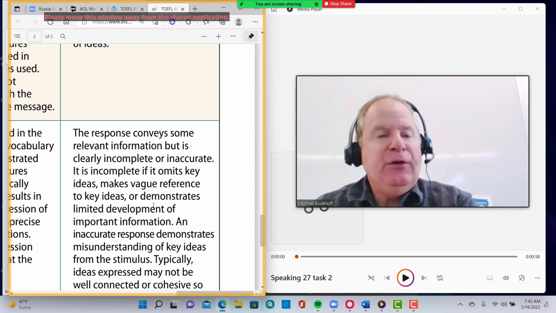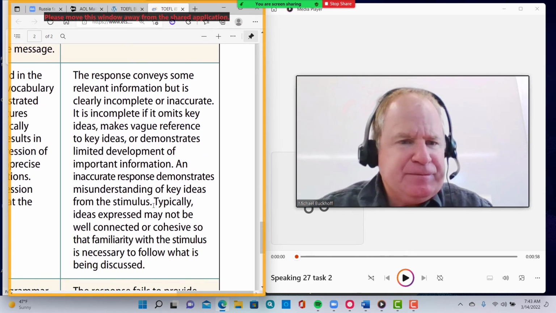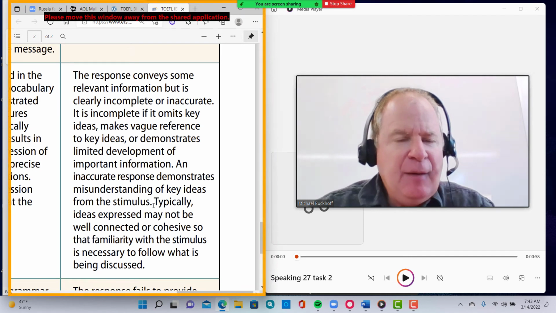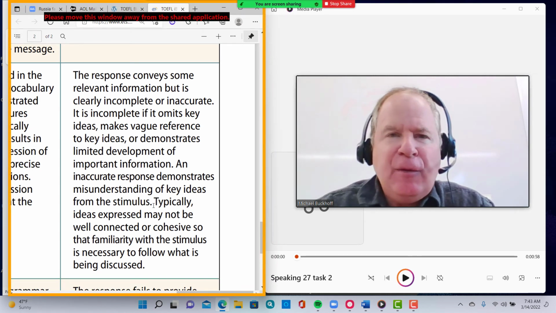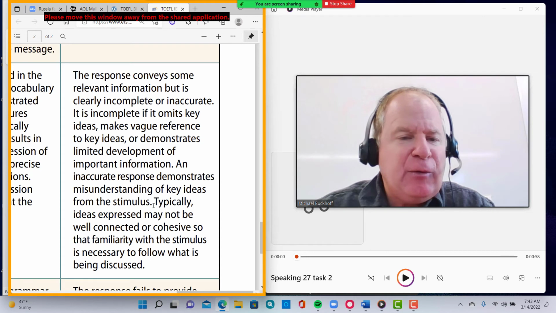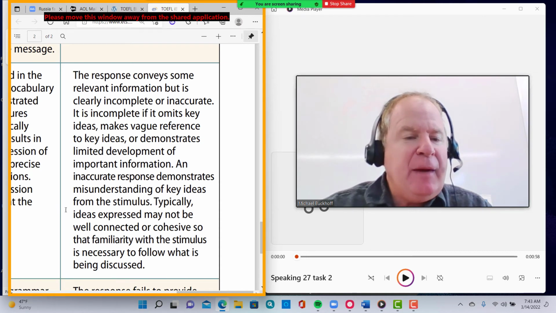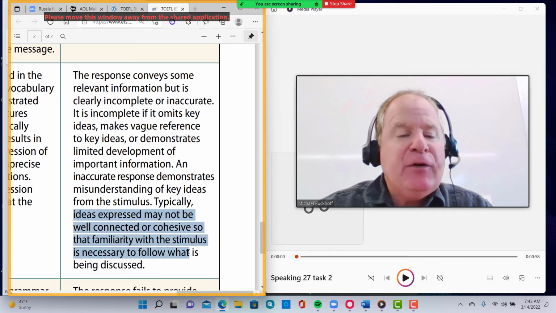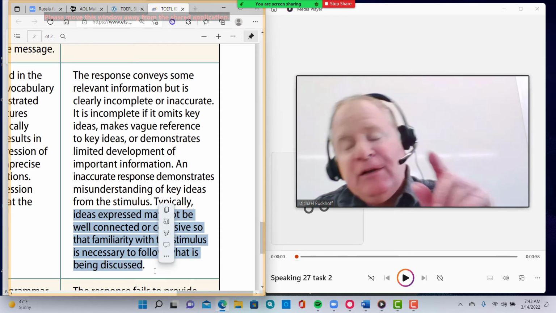In the two area, I'm assuming you explained all the most important points, so I'm not going to worry about that. But I think here ideas may not be well connected or cohesive, so that familiarity with the stimulus is necessary to follow what's being discussed. Yes.